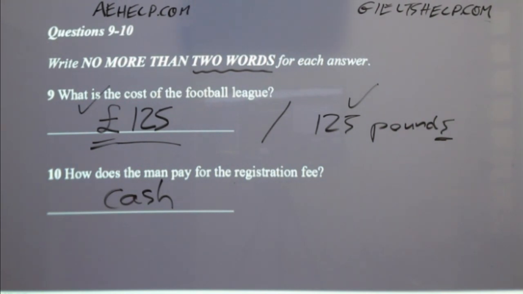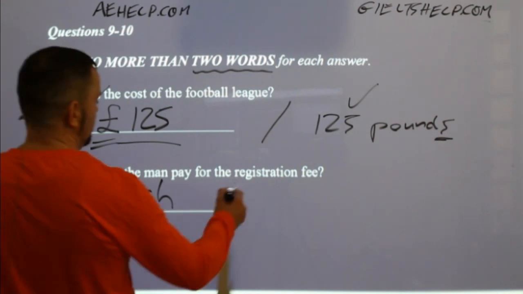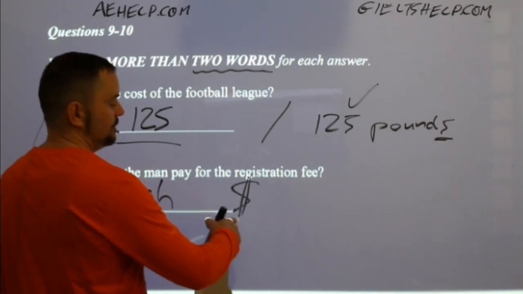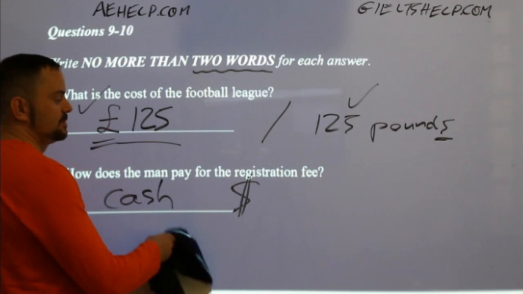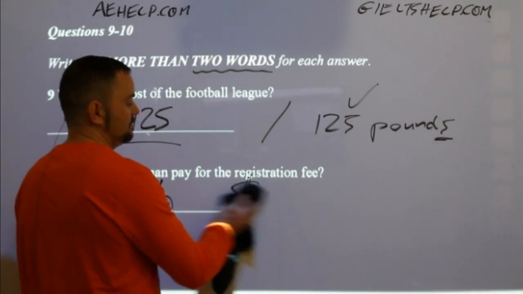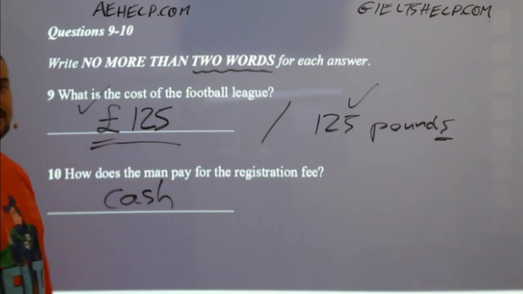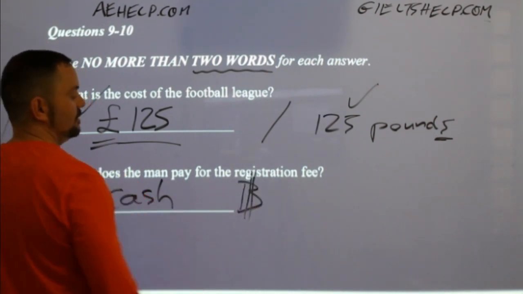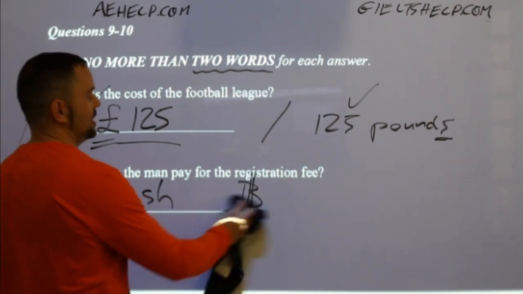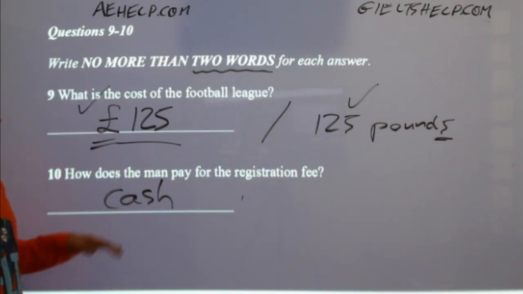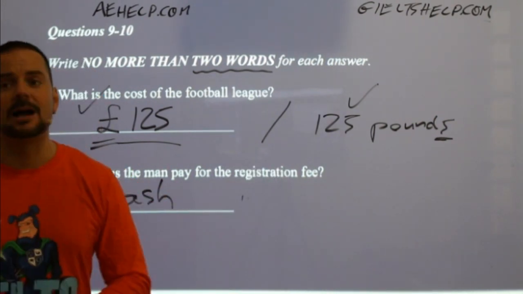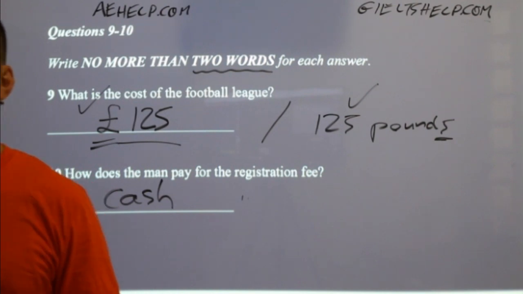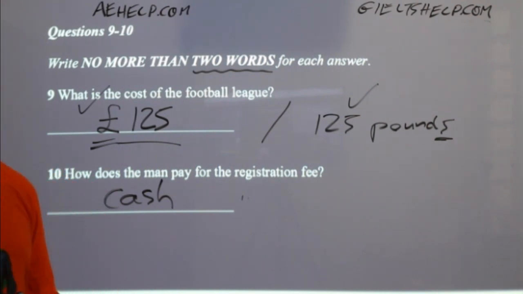Please don't write a dollar sign. This is not acceptable. That just means money. It doesn't mean cash. And definitely don't do crypto. That's really not going to get you a point. So cash. It is okay to write all capital letters. Buy cash, Rahul, is okay. If you say buy cash, that's fine also.